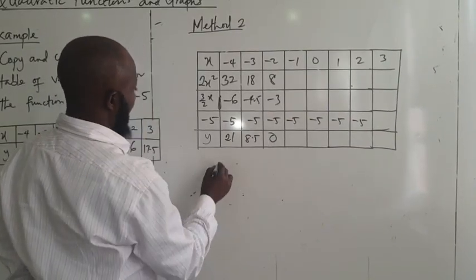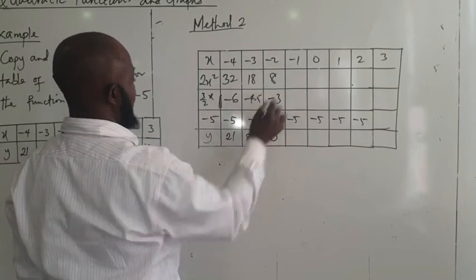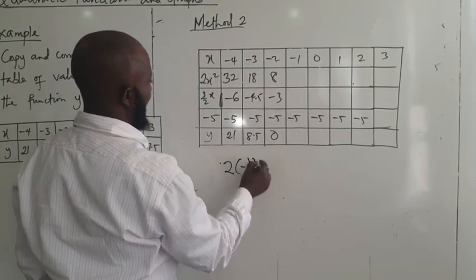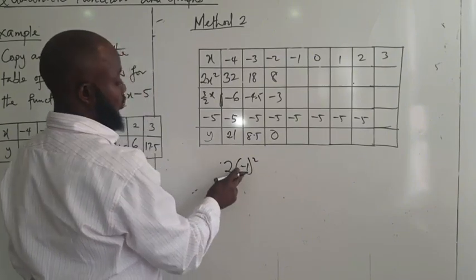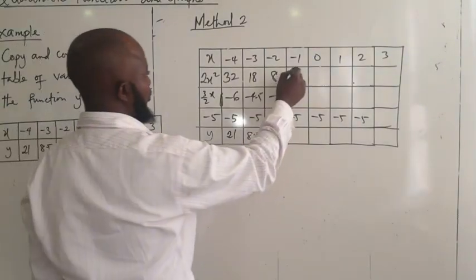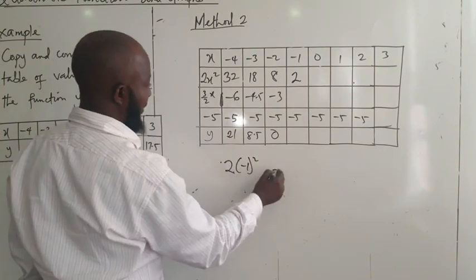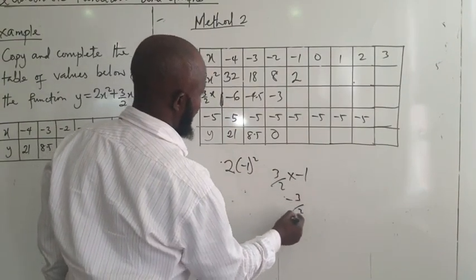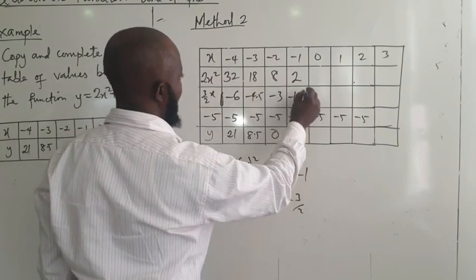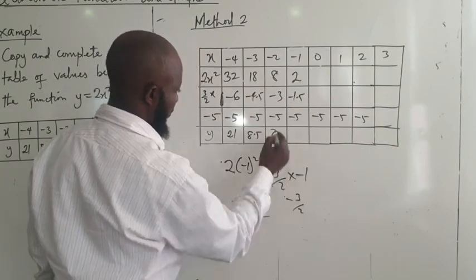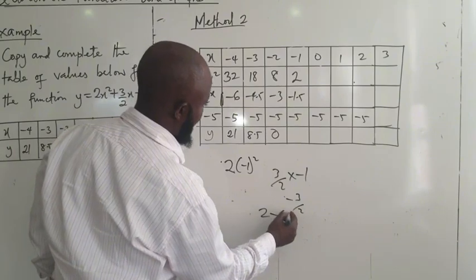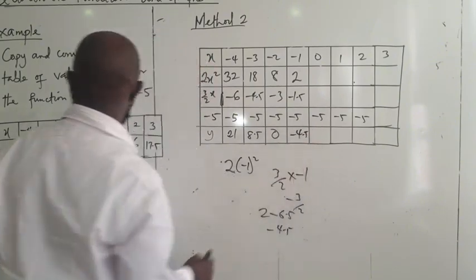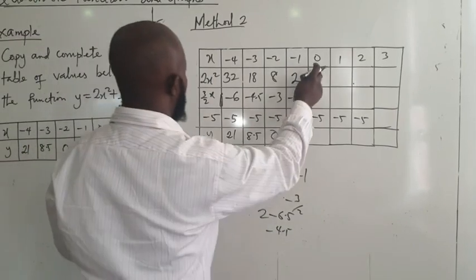For the first term, that is 2 into minus 1 squared. Minus 1 squared is 1, 1 times 2 is 2. Then 3 over 2 times minus 1 is minus 3 over 2, which gives us minus 1.5. So that is 2 minus 6.5, which is minus 4.5. Which is the same as this one. So move to the next one.